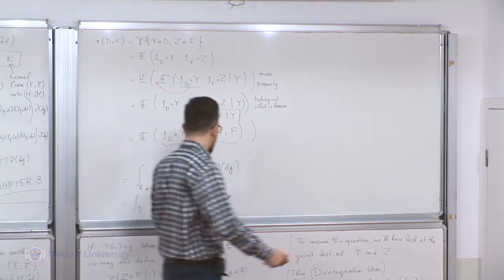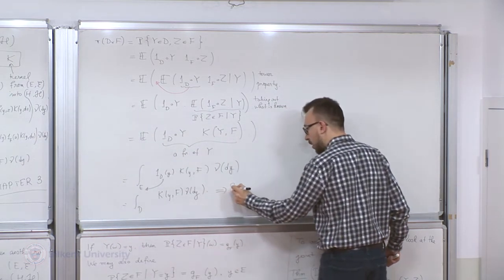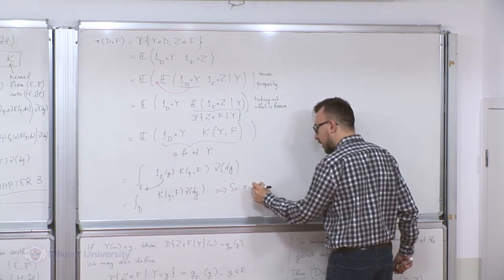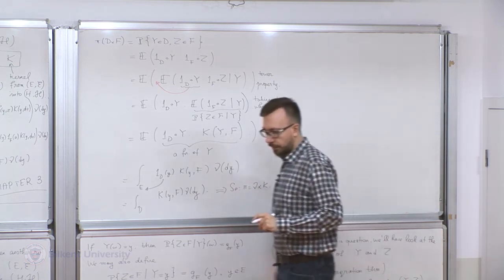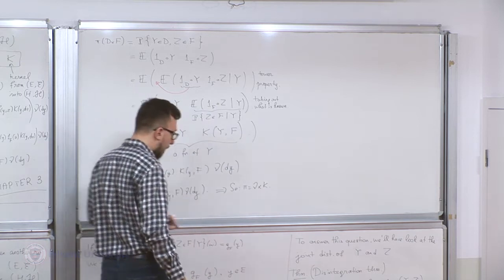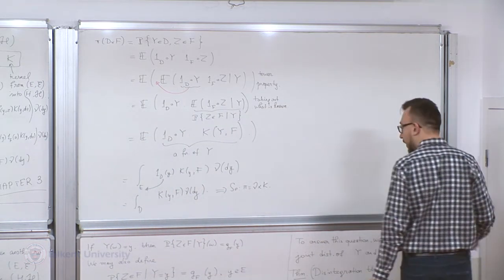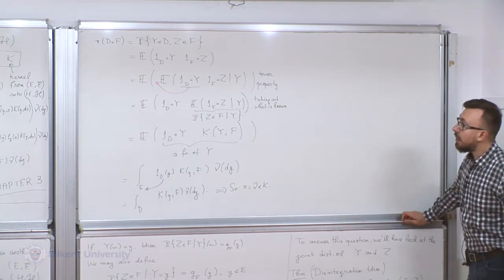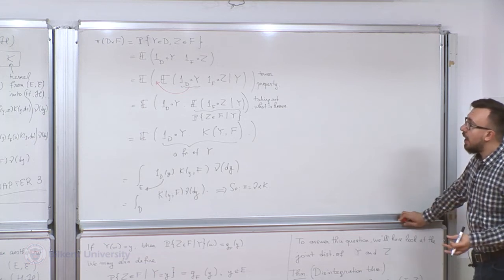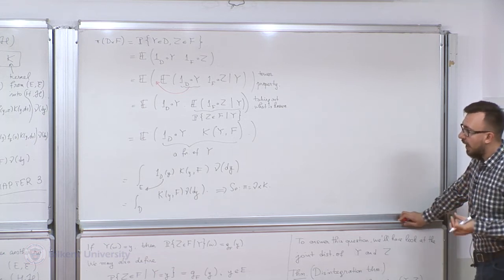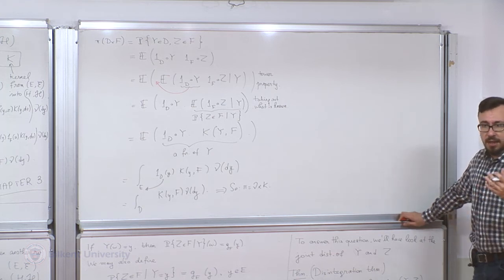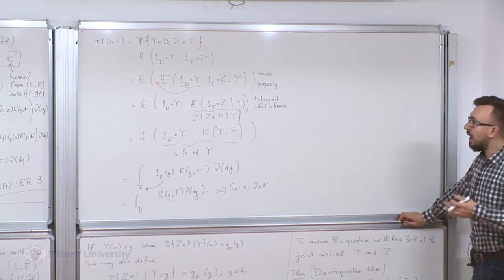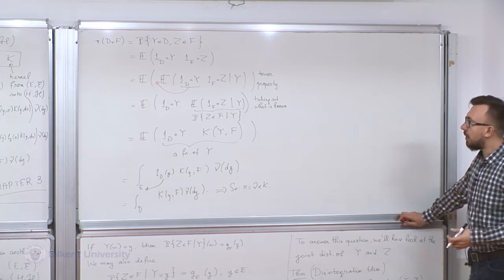So we conclude that pi is really nu cross k. So we showed the main claim of the disintegration theorem, namely that we can find a measure nu and the transition probability kernel k such that the joint distribution is the product of that marginal distribution and the transition probability kernel.